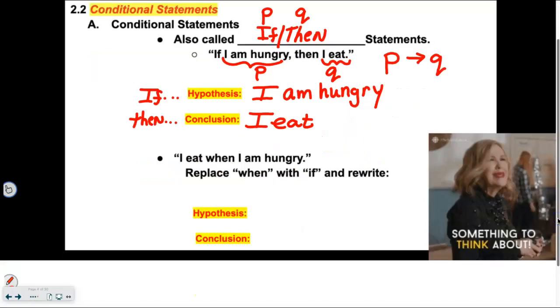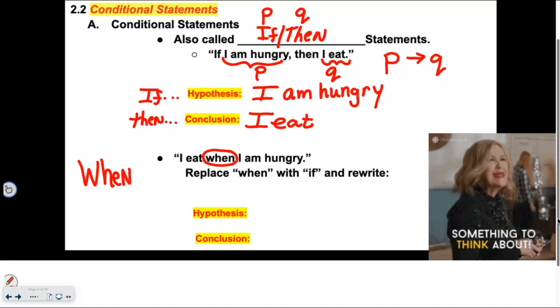All right. So I have this same conditional statement written a little differently. I wrote, I eat when I am hungry. Now, you don't see an if or a then in that statement, but I want you on the side to write this. When you see the word when, this would be really note card worthy, so maybe we should highlight that.